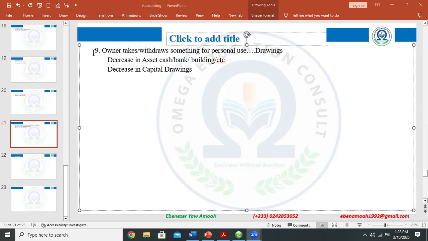Okay, so look at the scenario I gave where I invest 1,000 cedis into a business, right? So the business would have cash of 1,000 cedis as investment from me, the owner, right? Capital. So picture it here.